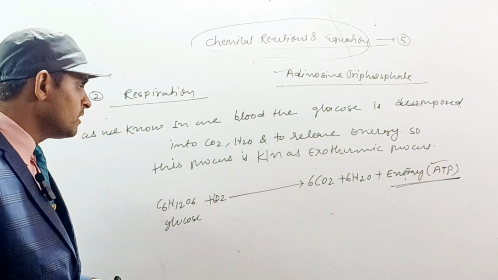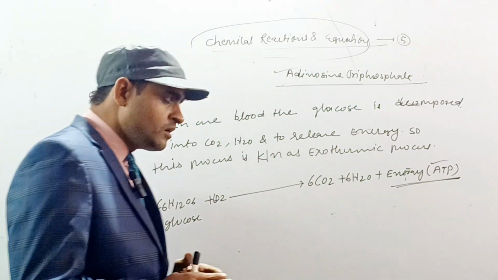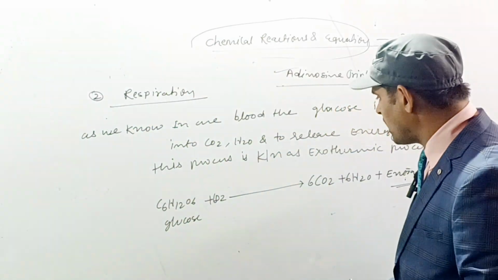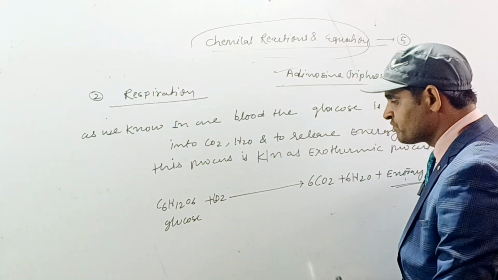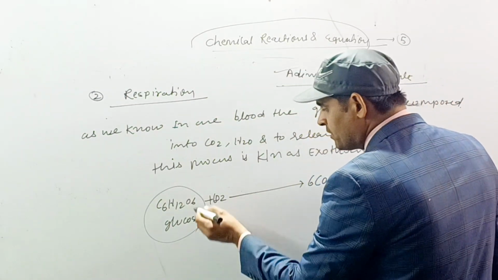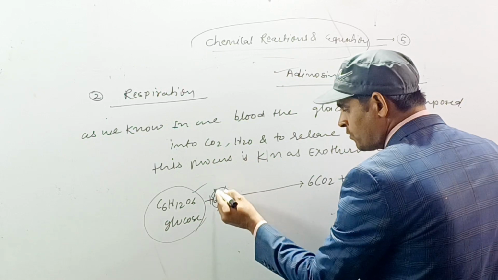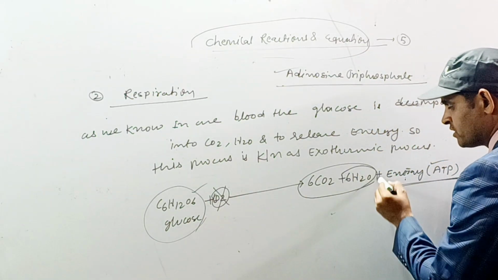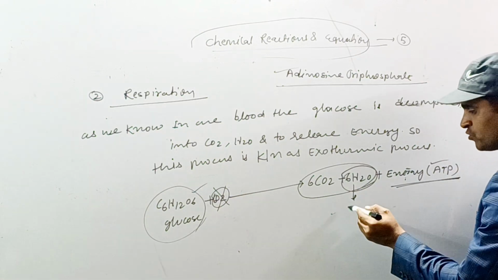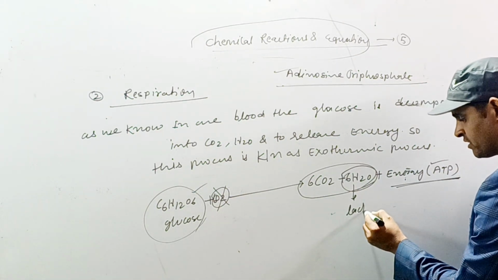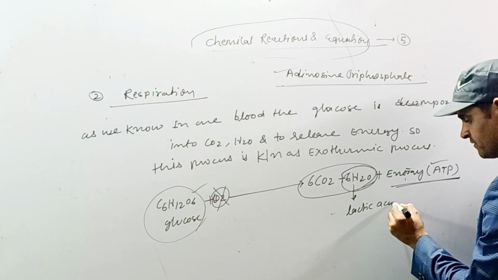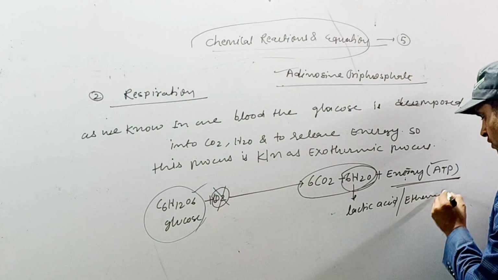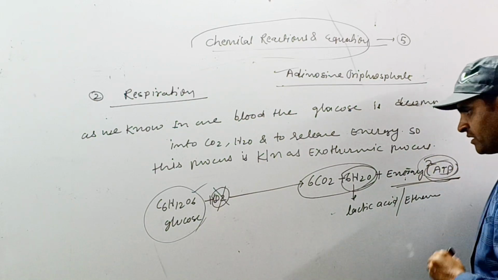Otherwise, in the non-aerobic form, when glucose is decomposed in the absence of oxygen, lactic acid and ethanol are formed in place of H2O, producing only 2 ATP.